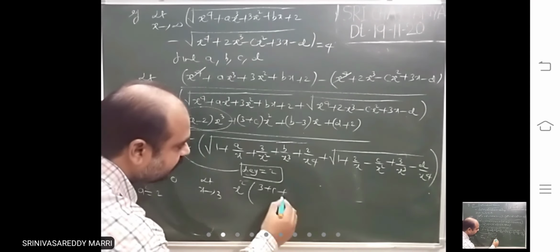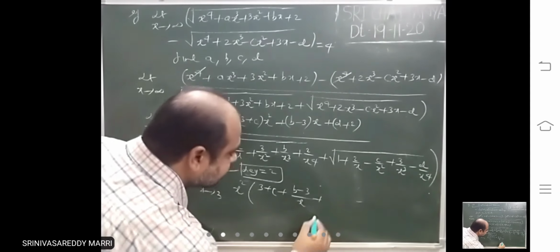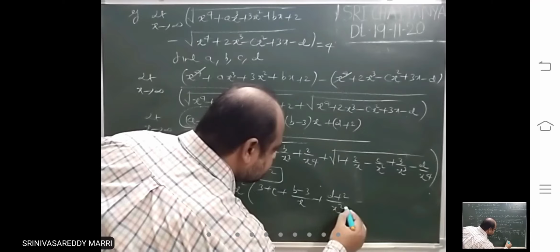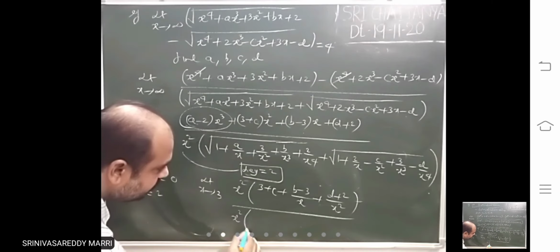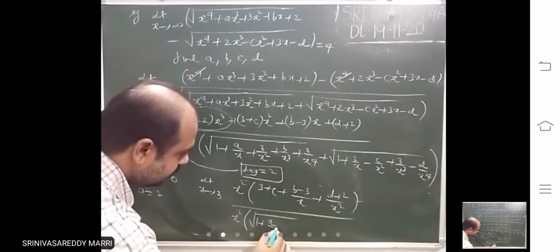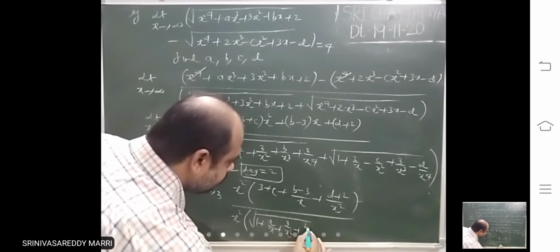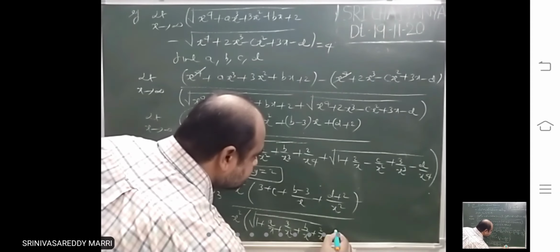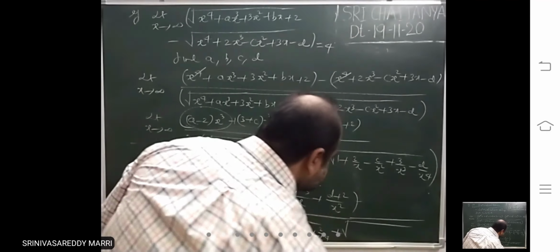If you take x square common, you have to evaluate the limit value. B minus 3 divided by x plus, divided by x square, divided by x square into root of this plus, the same you will get.